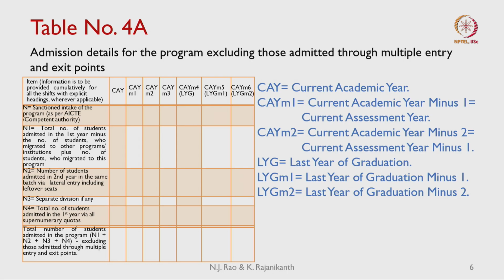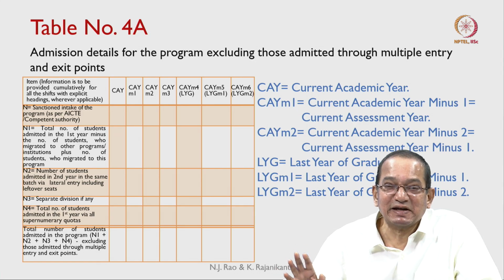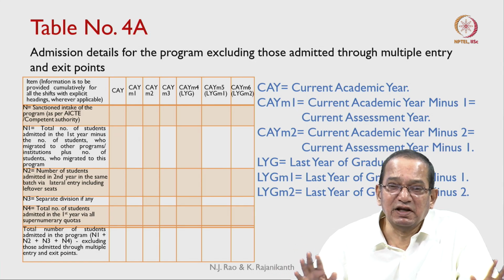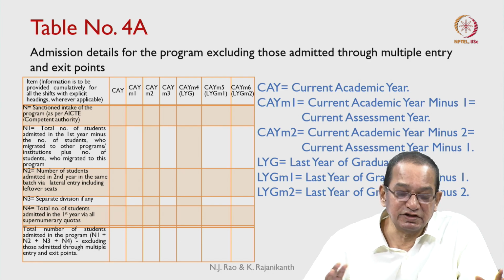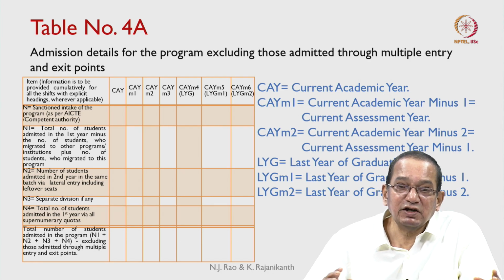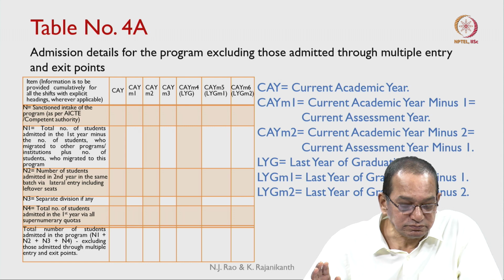Of course, it can vary from state to state. So, all these details are provided here. Of course, there are caps on how many such students can be admitted and all that. These are basically regulations. You have to look at the regulations of AICTE, the affiliating university and state governments, and follow those regulations in terms of the admissions and provide that data.